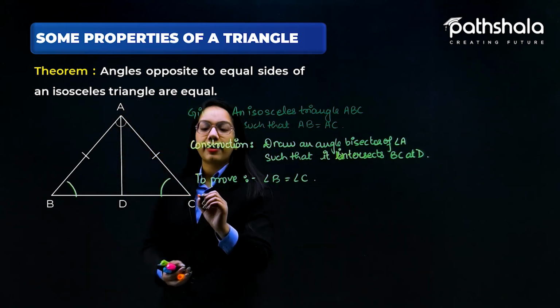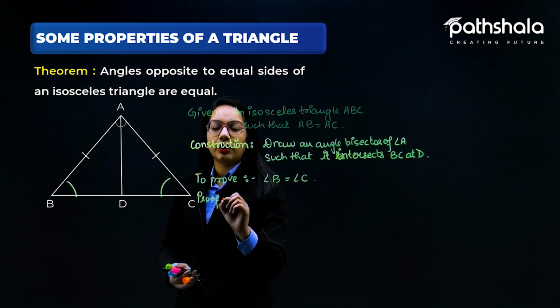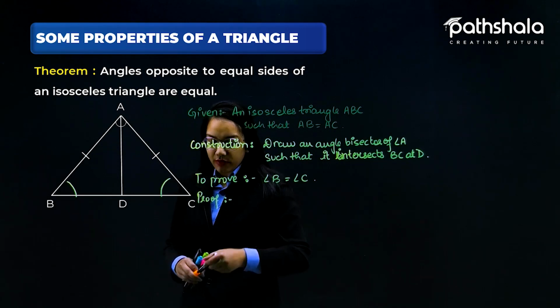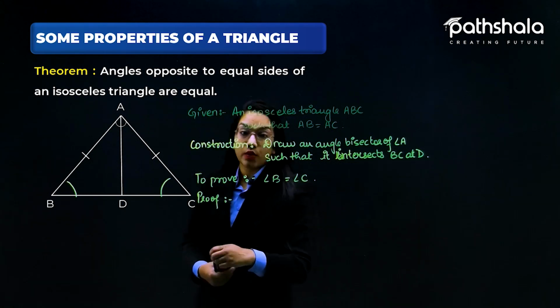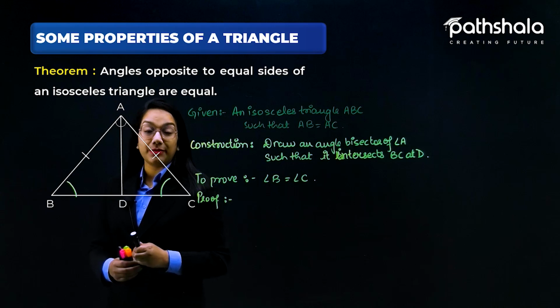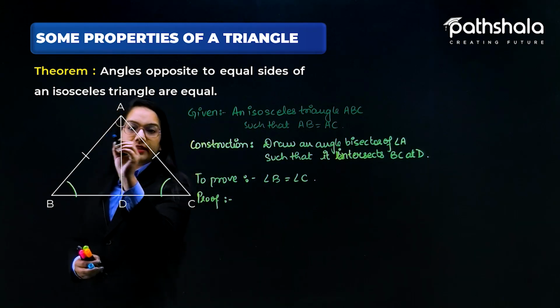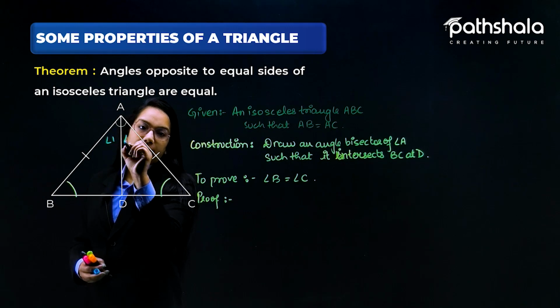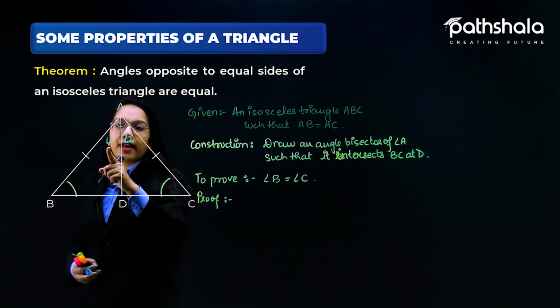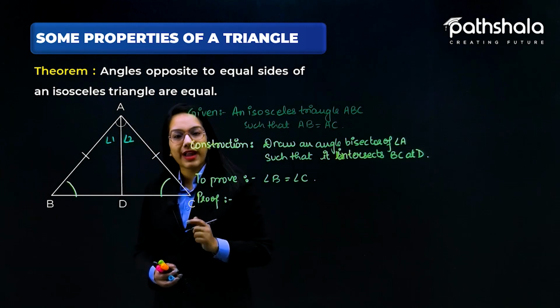Let us start with the proof of this theorem. First of all, as you can see, we have drawn an angle bisector. So this angle and this angle are equal to each other. Let me write this as angle 1 and this as angle 2. So angle 1 is definitely equal to angle 2.